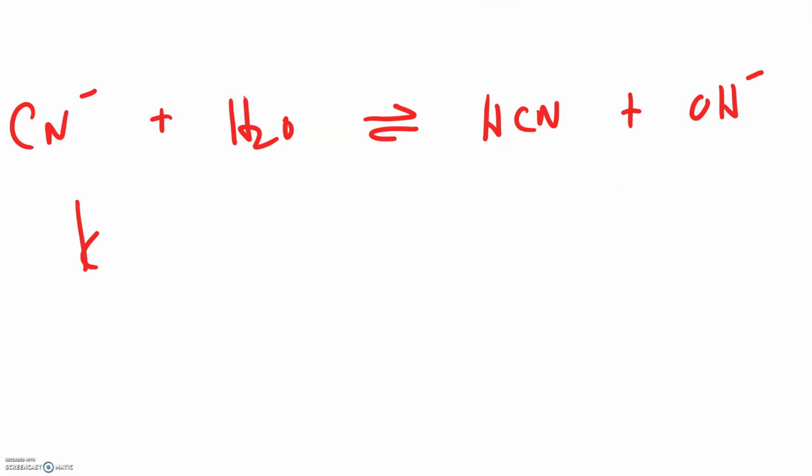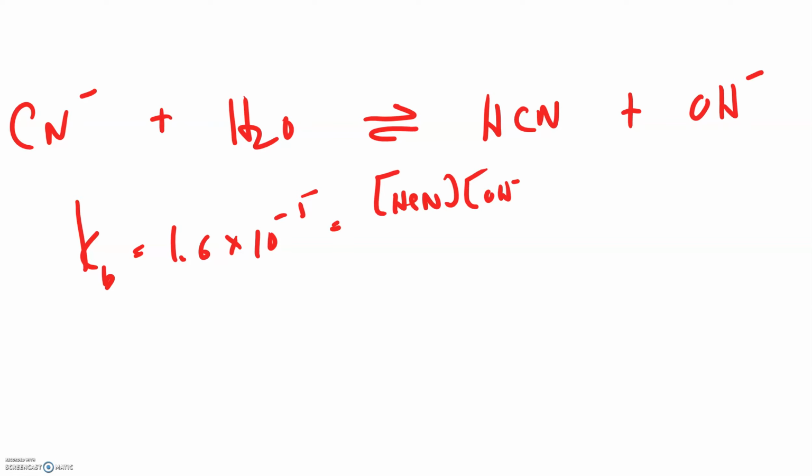So our Kb, which we know is 1.6 times 10 to the negative 5th, is equal to the concentration of HCN and OH minus, which are going to be equal, over the concentration of CN minus. Since Kb is 1.6 times 10 to the negative 5th, it's a safe assumption that we can approximate, but we'll do our little test anyway. The concentration of CN minus is what it was when we put it in solution, because this stuff completely dissociates.